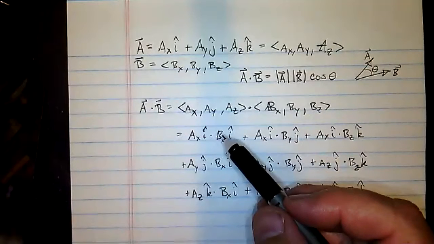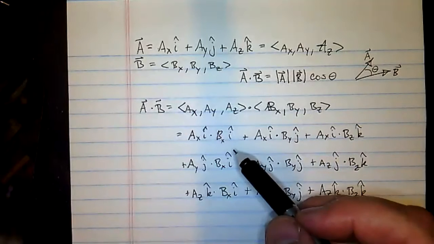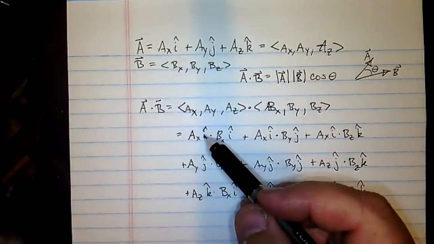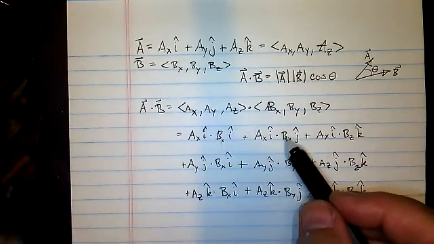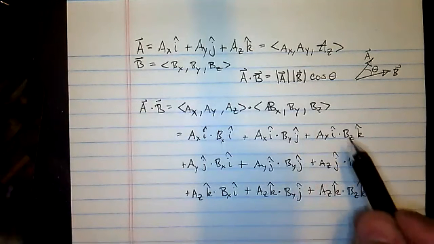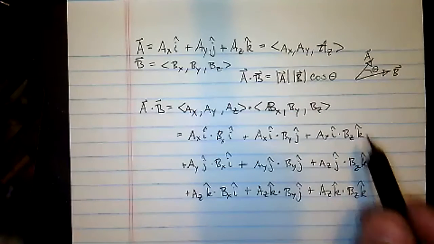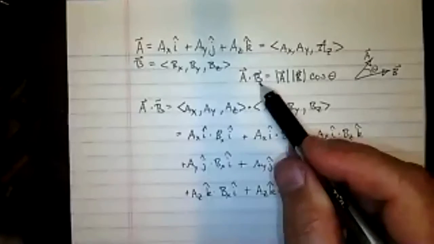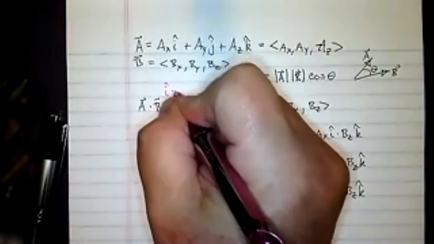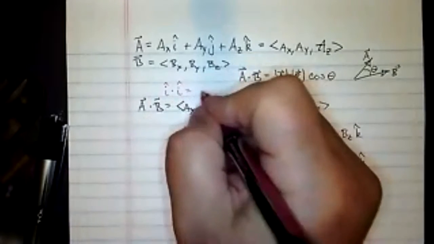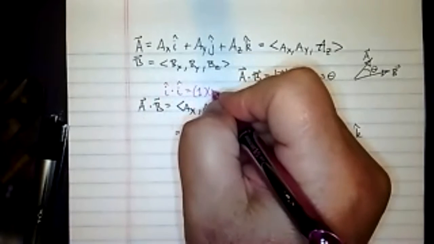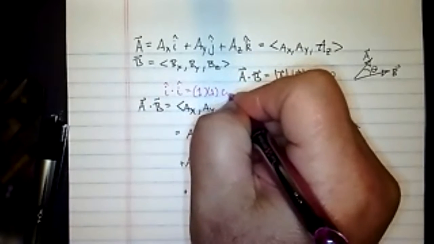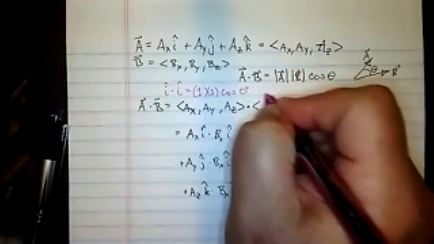Now, if we go back to our original definition, these hat vectors, remember, this dot product is a linear operator. So that means you can pull out this number BX and this number AX in front, and then you're just going to do i hat dot i hat. Same thing here, you'll do i hat dot j hat. Same thing here, you'll do i hat dot k hat. But according to this, i hat dot i hat would actually equal 1 times 1 times the cosine of 0 degrees.